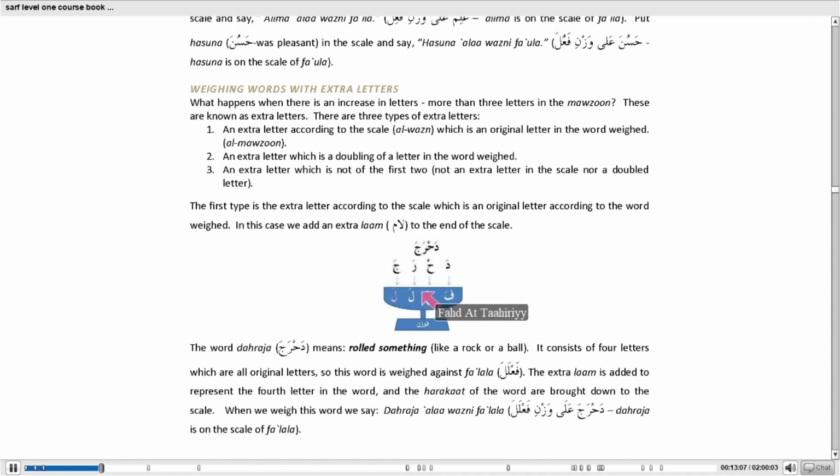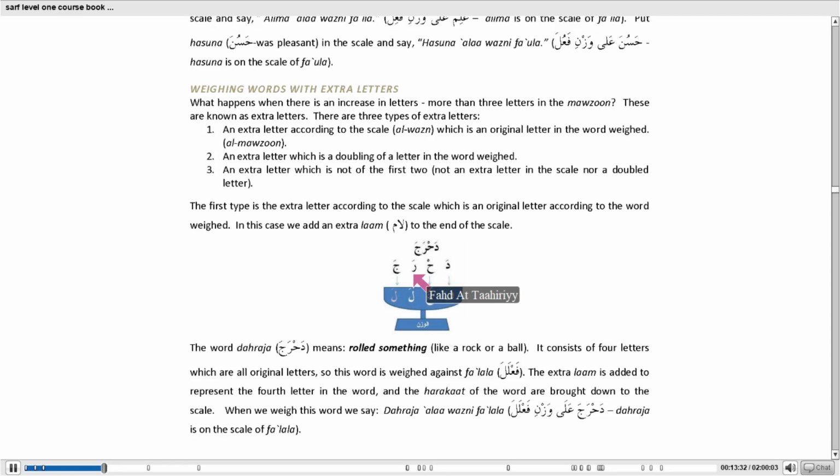Then we go to the third letter in order, which is the ra. We place it on the lam, and because of that, it's called lam al-kalima.